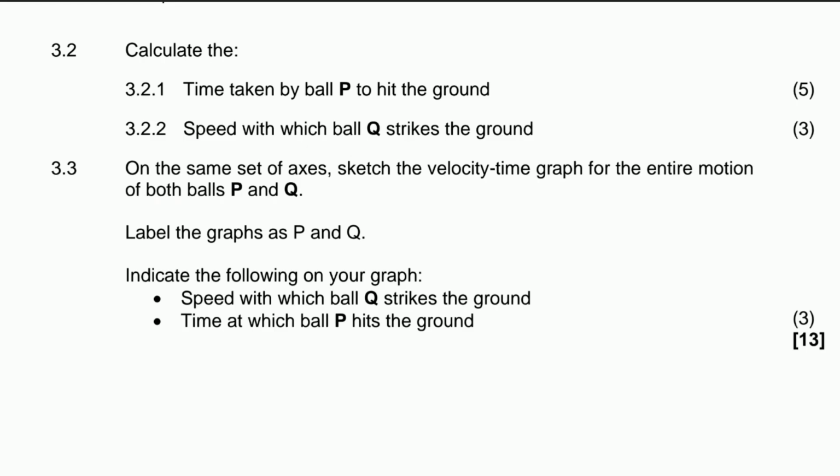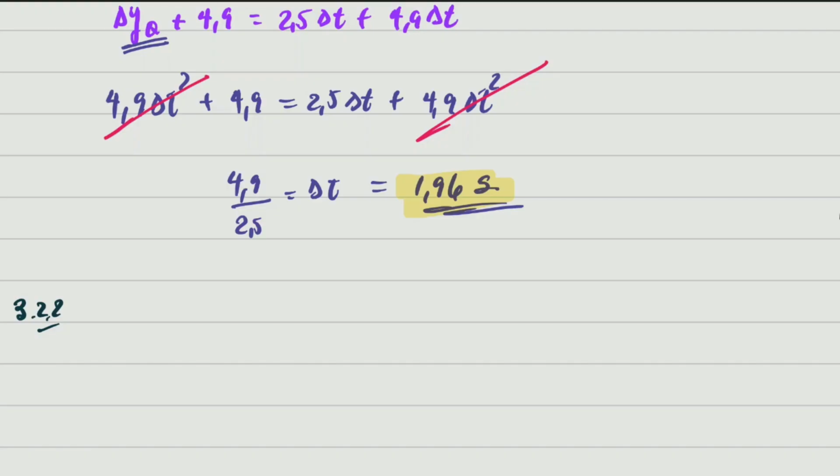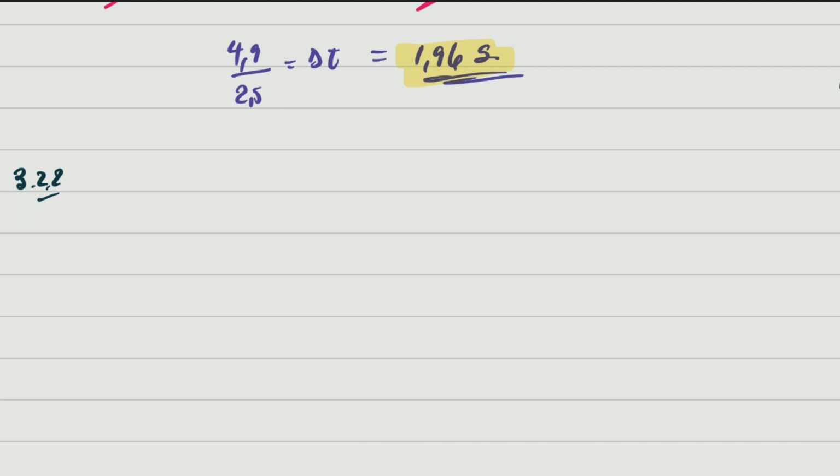So now they said calculate the speed with which the ball Q strikes the ground, and now you have all the data, so it's quite easy. You're looking for speed. So what is the best option to calculate the speed? We have now a little bit more data. So guys, the easiest formula is final velocity equal to initial velocity plus acceleration multiplied by time. We have the time because it was the same time.